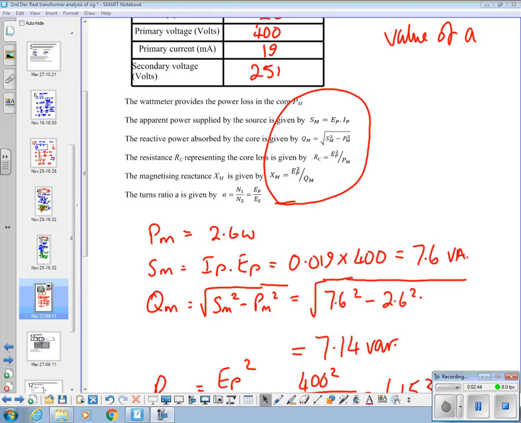We've got our measured primary power, 2.6 watts. Calculating the apparent power, 7.6 VA, multiply the current and voltage together, use that value with the measured power to find Q, 7.14 var.